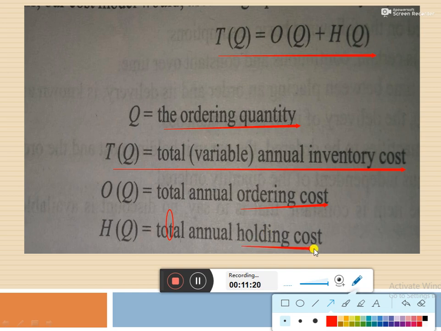Rest of the costs are considered as fixed or constant. So total variable cost would be equal to total ordering cost and total holding cost. So H denotes the total annual holding cost and O denotes total annual ordering cost. T denotes the total variable cost.